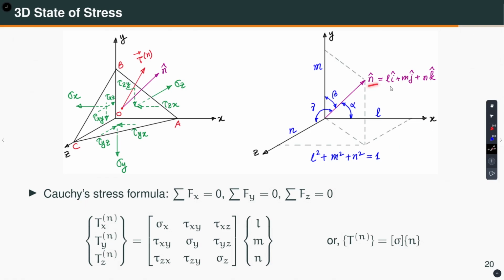That unit normal is Li plus Mj plus Nk, and note L square plus M square plus N square is equal to 1. Okay. So, this can be written in a short form, that the traction vector is equal to the stress tensor times the unit normal, or you can say it is the dot product. In matrix vector notation, it is like this.